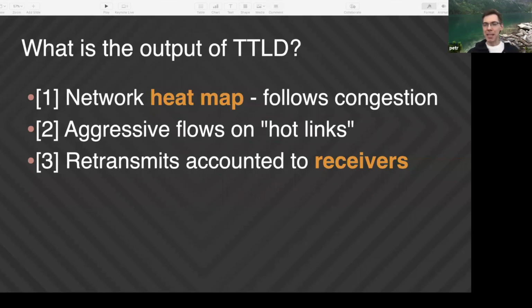And last but not least was very interesting. I mentioned that retransmissions is a metric you can see on the sender. Now, with the TTL bit set, you can also count this on the receiver. So you can account the retransmissions to the victim, the receiver of the retransmissions. Because otherwise, it's really hard on the receiver to tell the retransmissions, because what happens if you lose one packet, you get a bunch of them out of order.